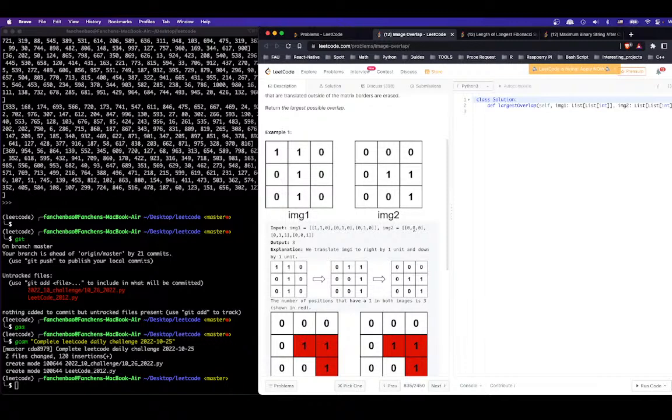We want a maximum. So, yeah, it's fine. Whatever this value is, we can left shift, right?